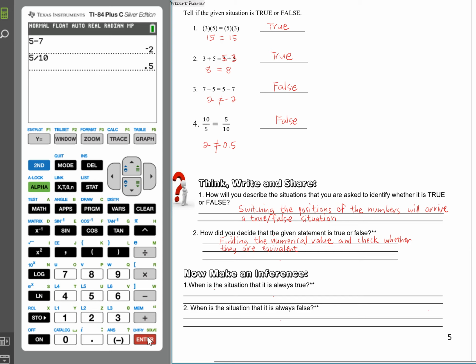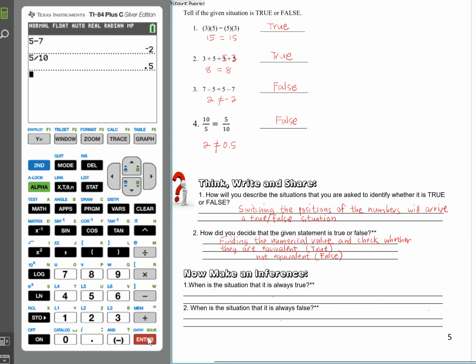If they are equivalent, it means it is a true situation, and if they are not equivalent, it means a false situation.